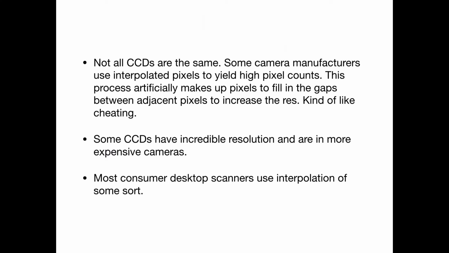Not all CCDs are the same. Well, I should say the way they're used is not the same. Some camera manufacturers use interpolated pixels to yield high pixel counts. In other words, and we'll see it in Photoshop in a little bit, there is a process where we can increase the resolution of an image, and it's called interpolation.